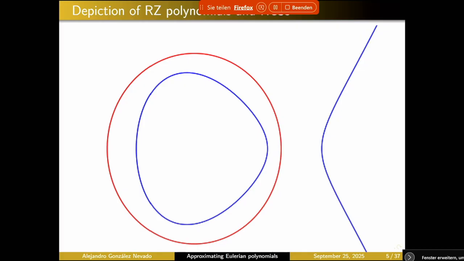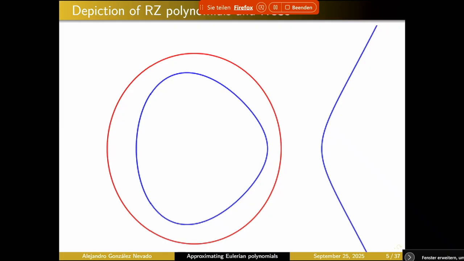So the blue thing here is a cubic real zero polynomial. Imagine that here is the origin. When you take any line through the origin, the line will cut this set in 3 points, except here. If you take this line, it will only cut the blue set in 2 points.